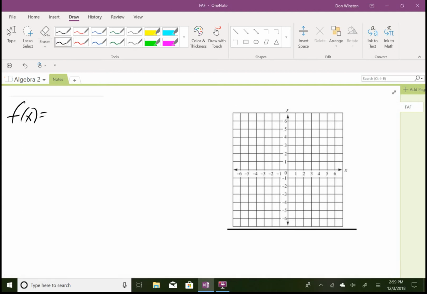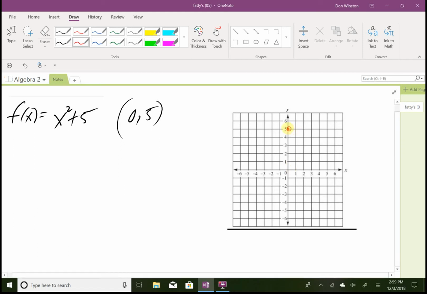So let's say I have a parabola. The equation is x squared plus 5. Again, the vertex, I did not move anywhere left or right, so x is going to be 0, but y will be 5. It's a happy graph, so it will be pointing upwards. Here's my vertex at 0, 5.